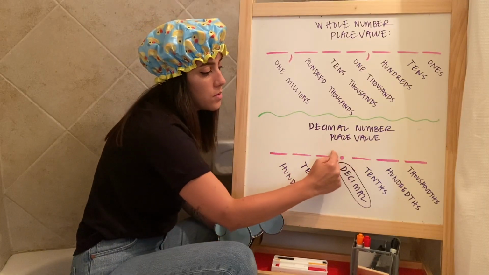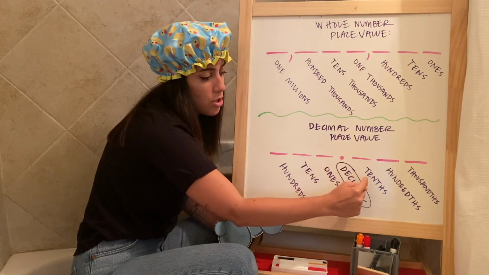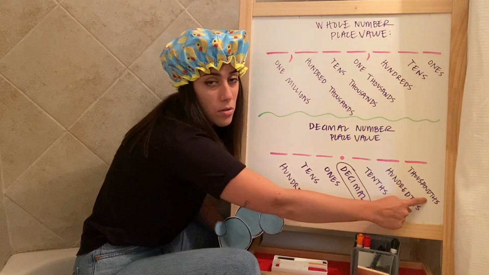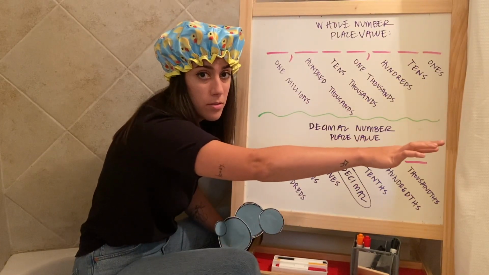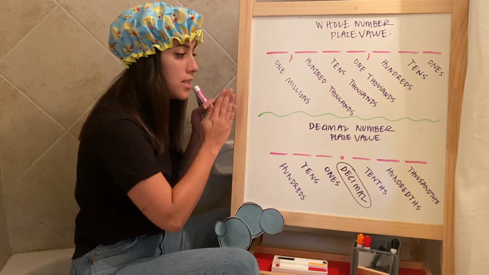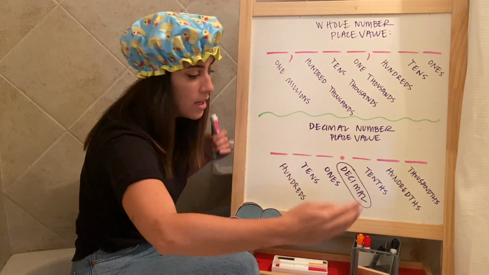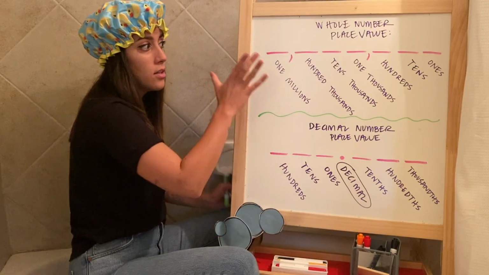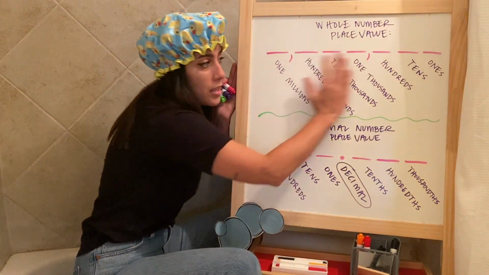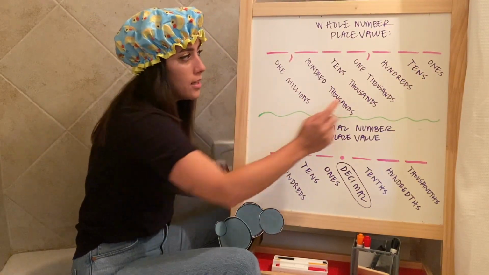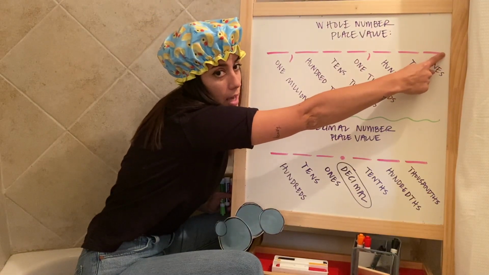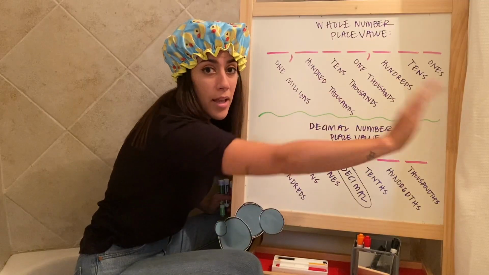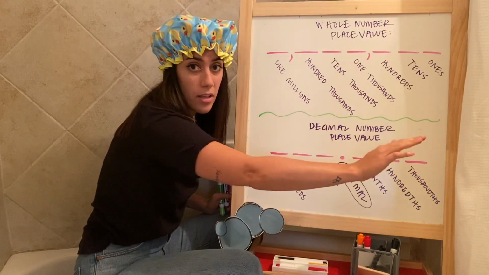All we did was add a decimal, they took away the ones place, and they've added TH to every single name on that side of the decimal. So when I look at my paper and I see a decimal, anything to the right of it is going to have a TH to it. Just taking a look at what you already learned, all we did was add a decimal next to the ones, and we're making new place value spaces to the right of it.